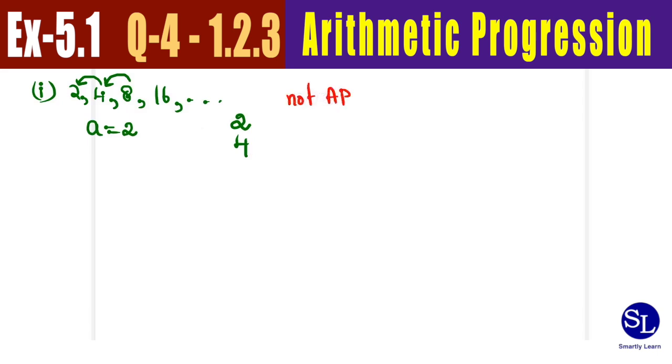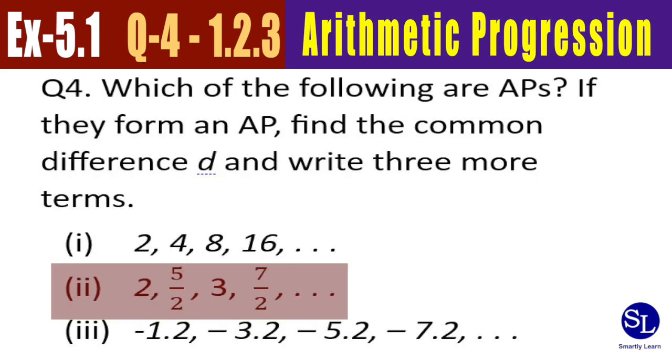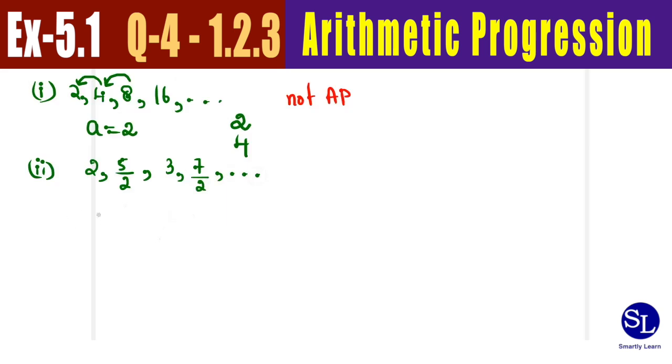Okay. So now let us look at the second series given. 2, 5 by 2, 3, 7 by 2 and so on. So now we know the A is the first term, so A is equal to 2. Let us check if the difference is the same. So 5 by 2 minus 2 is going to be 1 by 2.